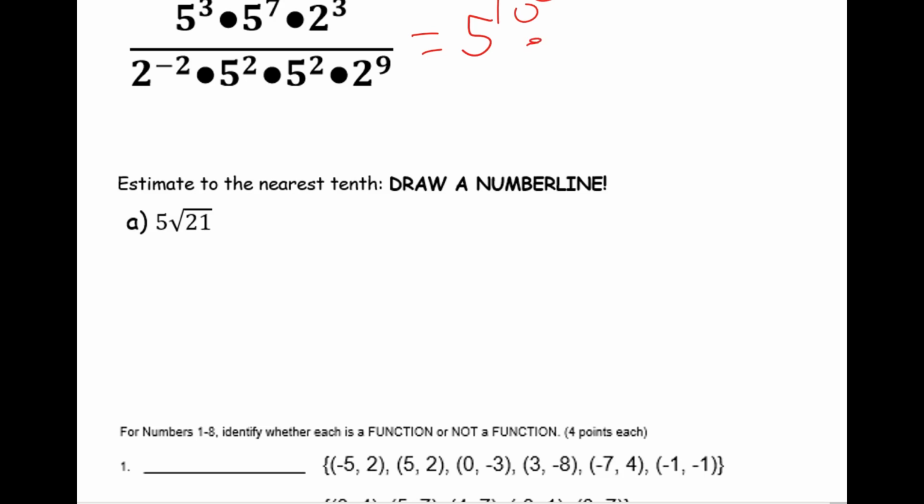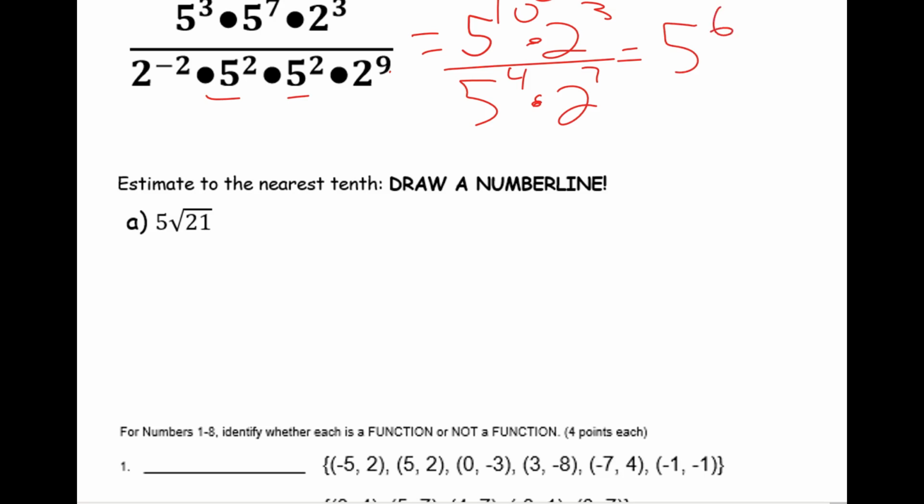And then times 2 to the third over 5 times, we add these, we get 5 to the fourth. And then 9 plus negative 2 is 7. So when we divide exponents, we keep the base and we subtract the exponents. So 10 minus 4 is 6, so we get 5 to the 6.